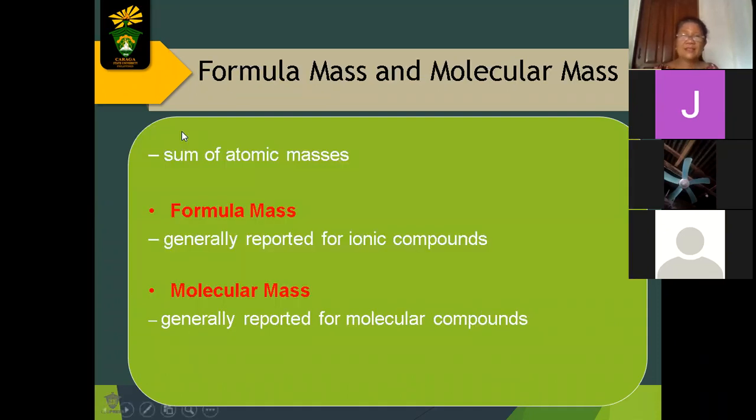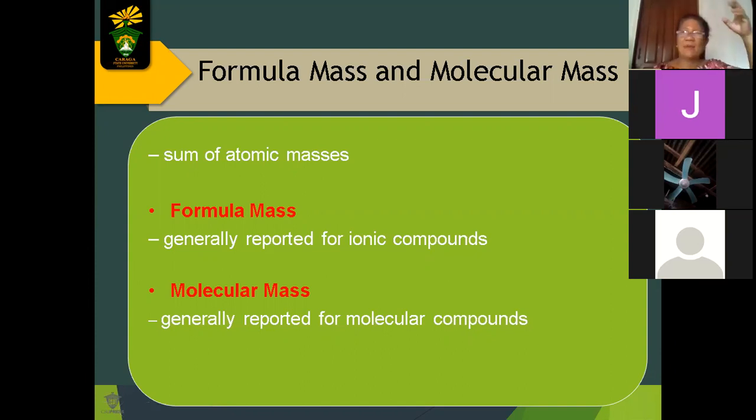So, let us have now the formula. How could we compute the formula and molecular weight? But actually, we had already discussed this in lecture 2 about atoms. Pero sige lang. Now, if you talk about formula, these are some of atomic masses, katong periodic table, ang element, ang ubos niya is atomic mass, di ba?